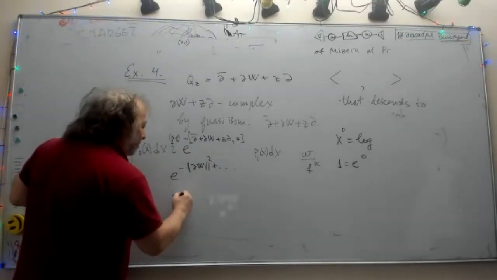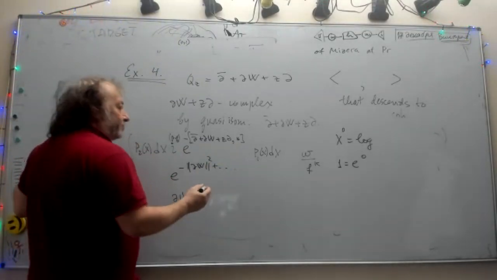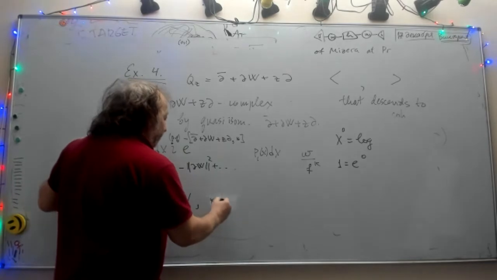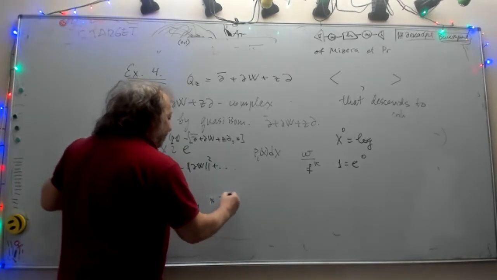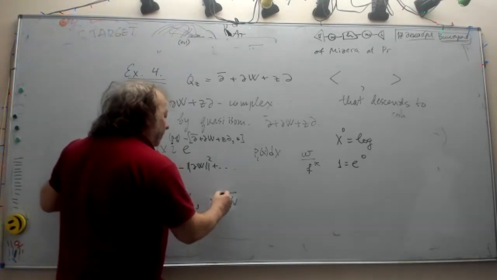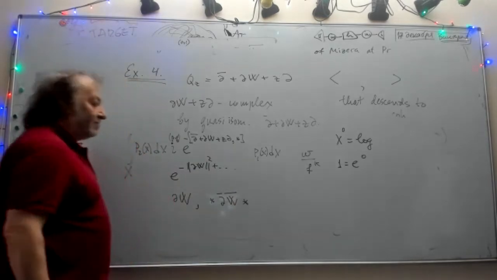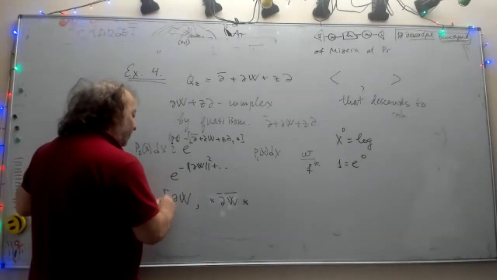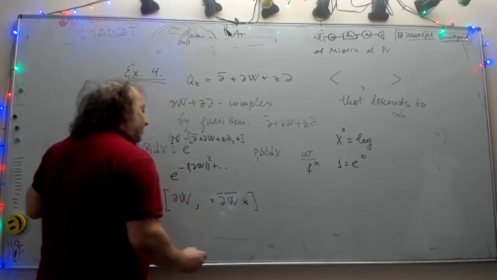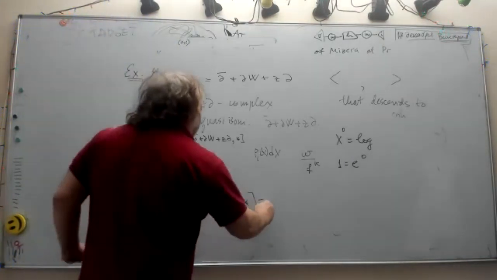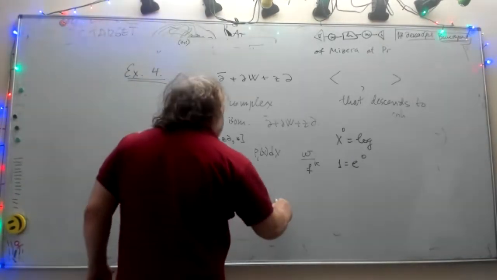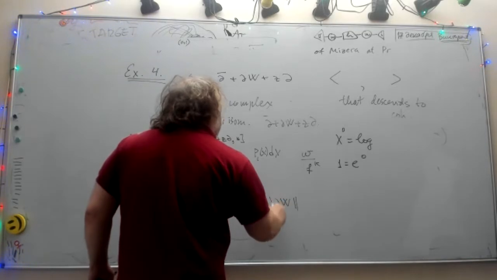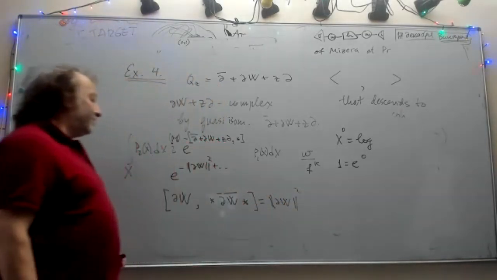So I know that dw nicely interacts with d bar w bar star. This commutator seems to be exactly dw norm squared.